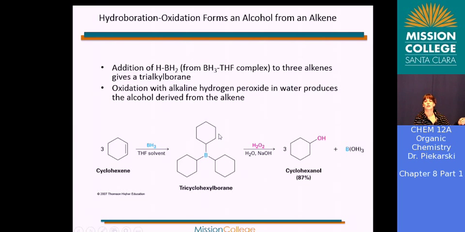In reality, it's like 3 additions at a time. But you're not responsible for drawing a crazy intermediate like that, where all 3 alkenes attach to the borane and you show the complex and all that stuff. You don't have to worry about it. But I wanted to show you because it is in your textbook. And that we use the oxidation with the alkaline hydrogen peroxide and water to produce the alcohol derived from the alkene. Okay?